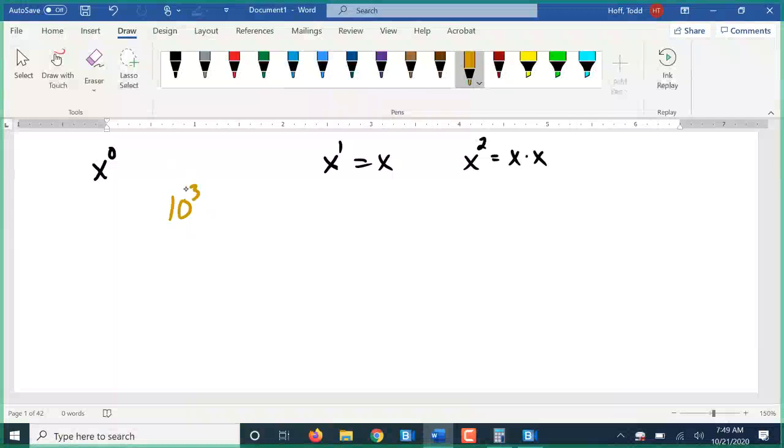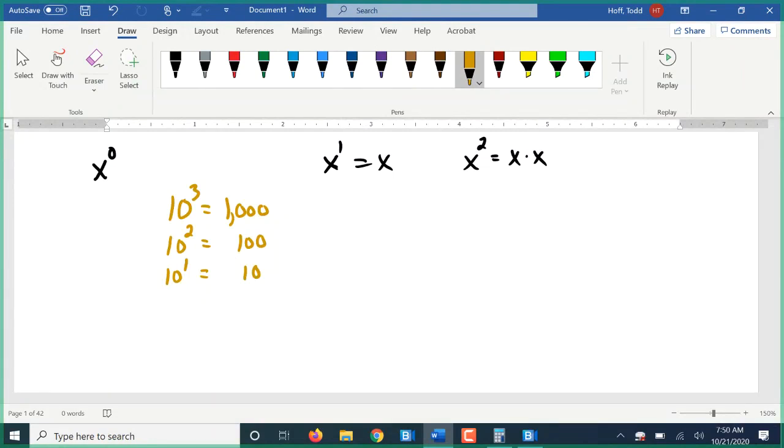If I do 10 to the power of 3, that's 10 times 10 times 10, or 1,000. 10 to the power of 2 is just 10 times 10, or 100. 10 to the power of 1 is just 10.